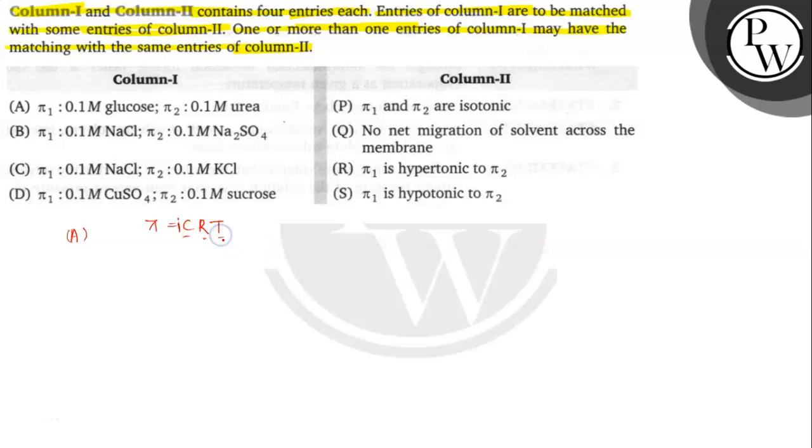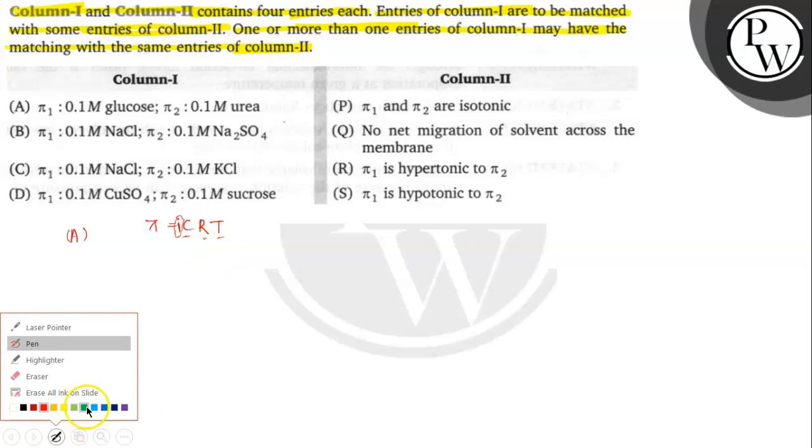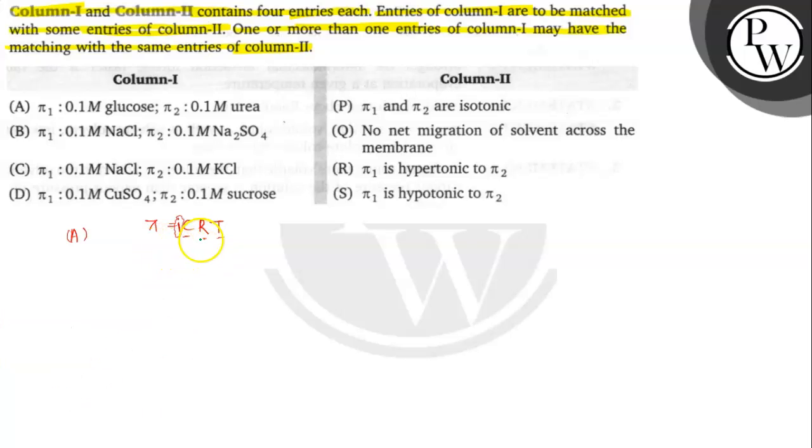Because R is constant, T is constant, and C is also constant, meaning concentration is constant. All it depends upon is i. So we'll find the answer on the basis of the i value. Because CRT remains constant, only i changes. So pi depends upon i.